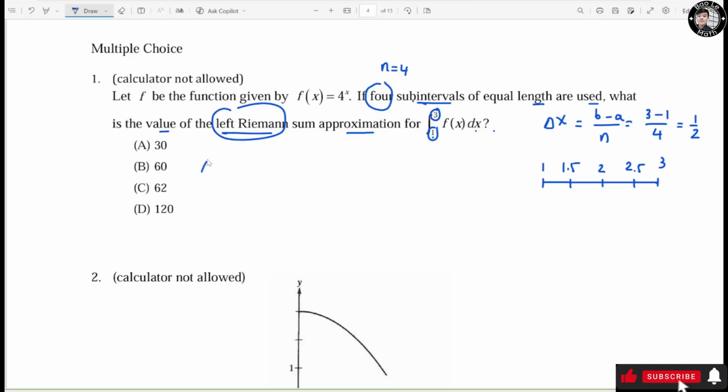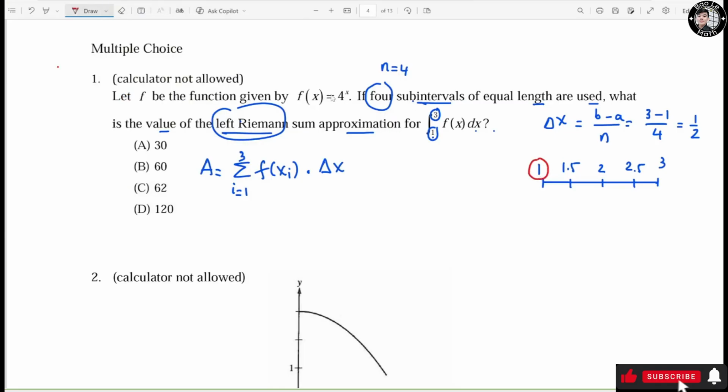So the area is the sum of f of x_i times delta x, going from 1 to 3. For the left Riemann sum, we start from 1, so x equals 1.